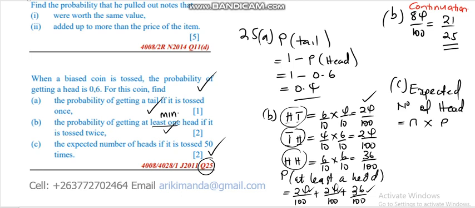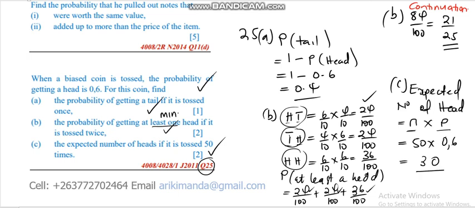Take note, it's the number of times the coin was tossed multiplied by the probability of getting that outcome, a head, which is simply 50 multiplied by the probability, which is 0.6 or 6 over 10. What do we get? If we multiply 0.6 times 50, what do we get? We get 30. This is the answer.